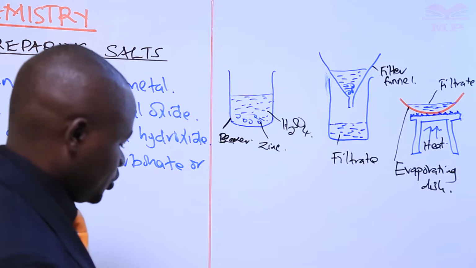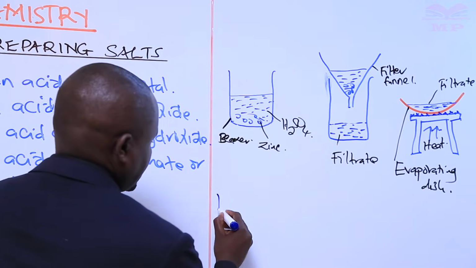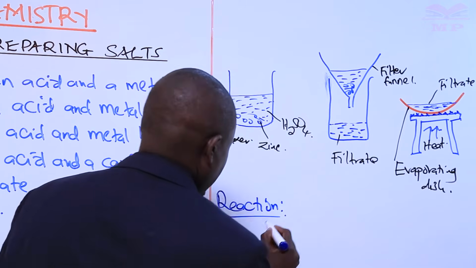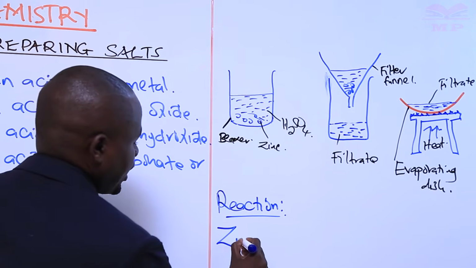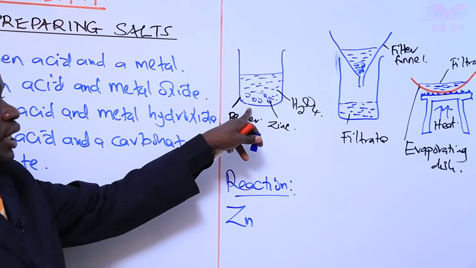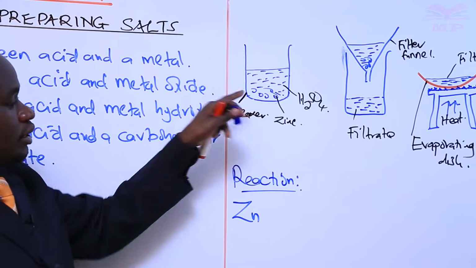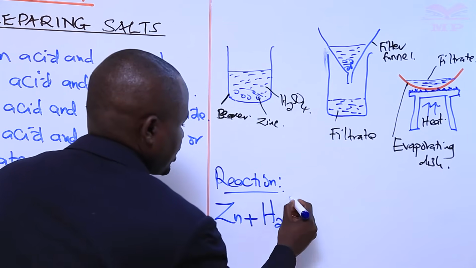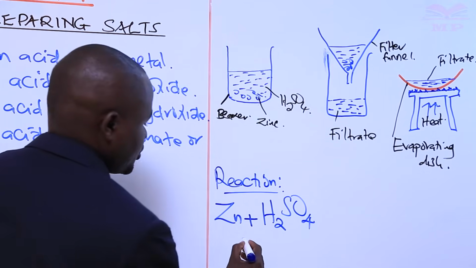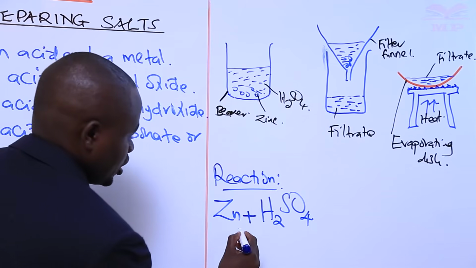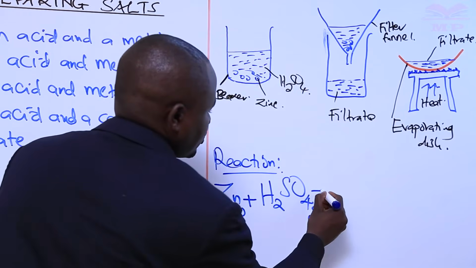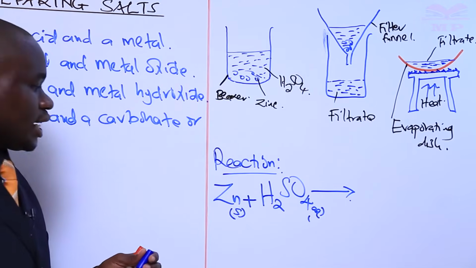So we are saying we have prepared zinc sulfate by carrying out a reaction with zinc metal. So this will be the reaction, Lana. The reaction will be as follows. Remember, in this beaker, we are having zinc combining with sulfuric acid. When you're writing an equation, take note of the state symbols. They are very important. So this will give you which products?